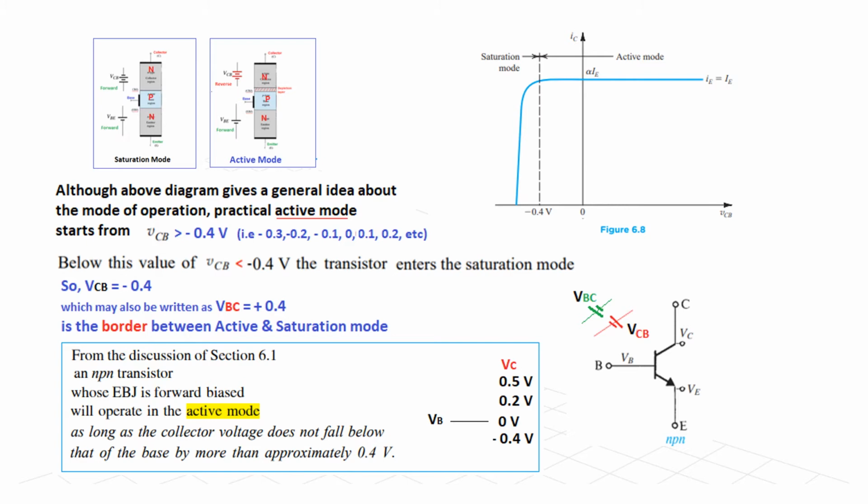If VB is 0 and VC is 0.5, no problem, 0.2, no problem, even 0, no problem, the transistor is in active mode. But even if it is -0.4, still the transistor will be in active mode. When it becomes -0.5, then it will go into the saturation mode.